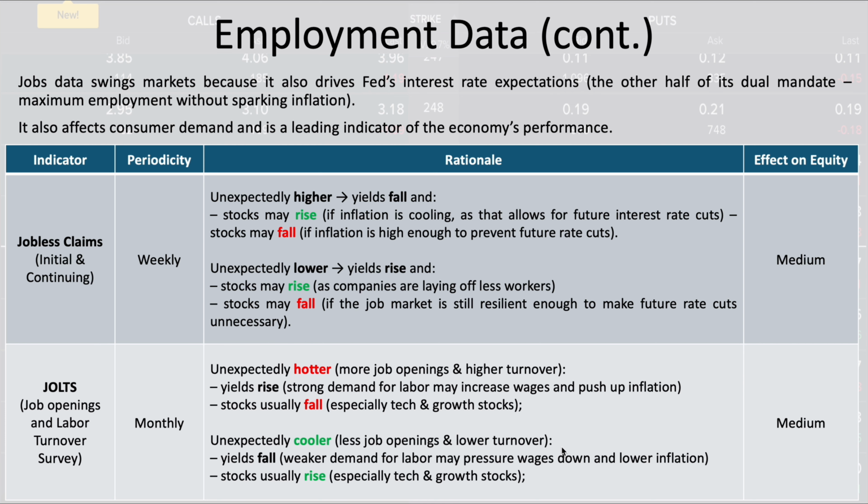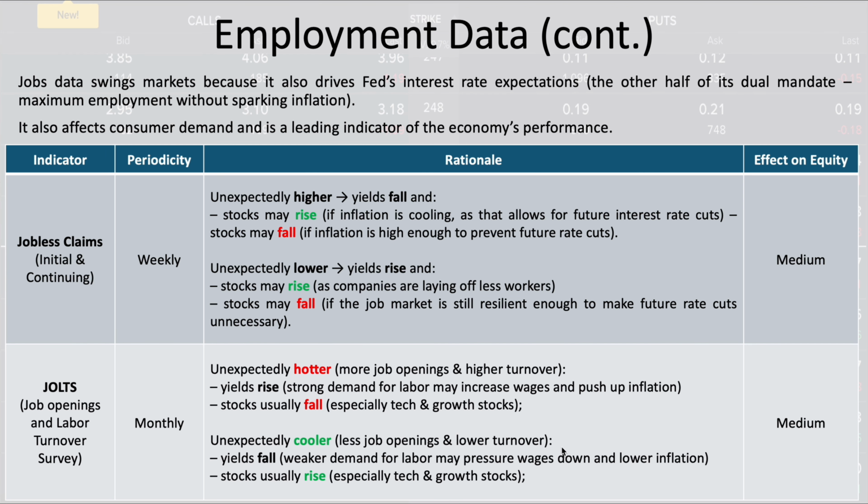They have to pay them more, and because salaries tend to increase, that may push up inflation and interest rates can go higher. And because of that, stocks may fall, especially tech and growth stocks again, because of course of the impact on salaries and by extension on inflation and future interest rates.